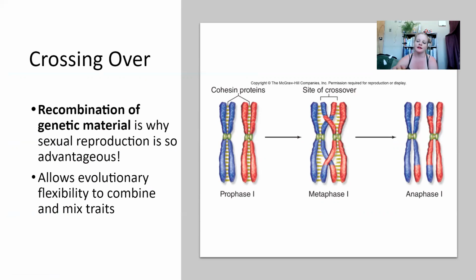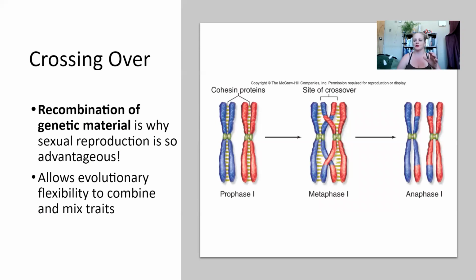Let's pull the Red Queen out of our pockets. This recombination of genetic material is why we see so many organisms doing sexual reproduction. Here's the advantage: if we just had a population of clones and some parasite or pathogen figured out how to get past our genetic defenses, it could wipe us all out. But because we're slightly different, it might take out a few individuals but won't wipe out everybody.